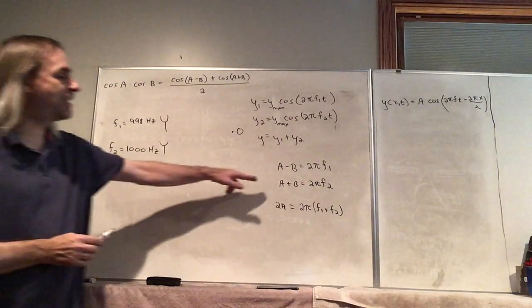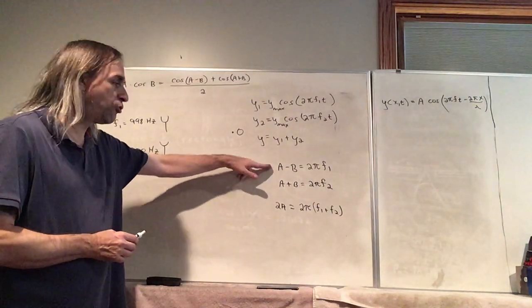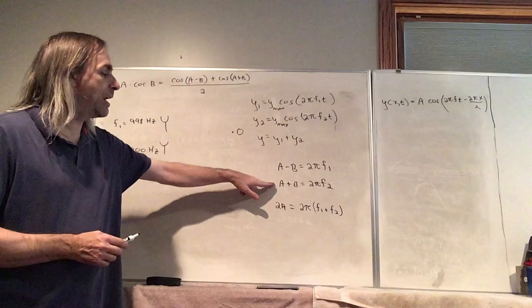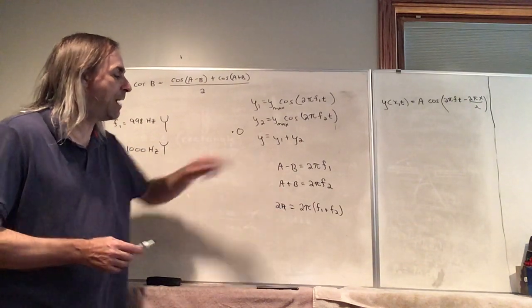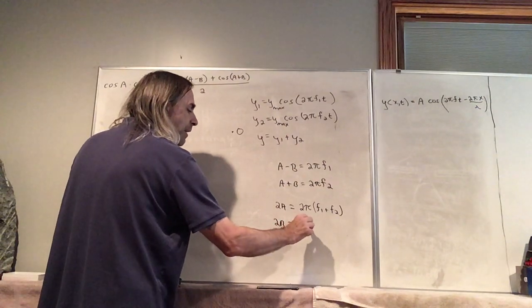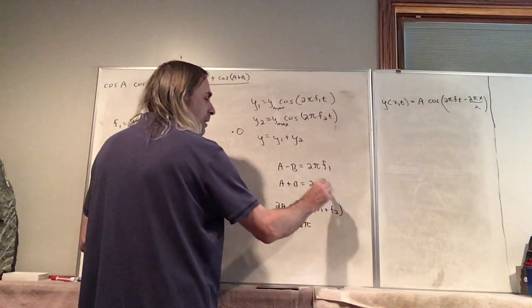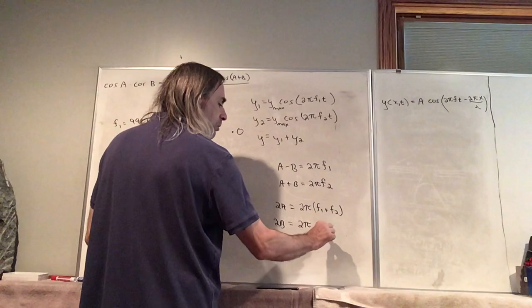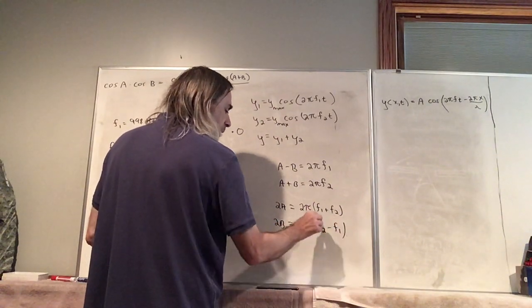And if we take the second equation and subtract the first, we get 2B, which is 2 pi times f2 minus f1.